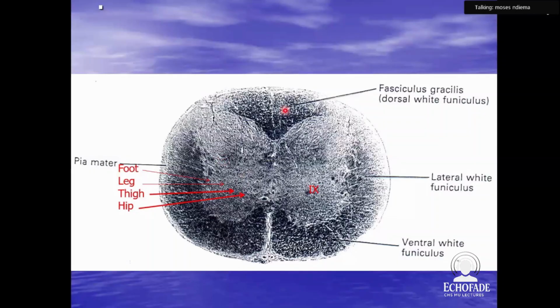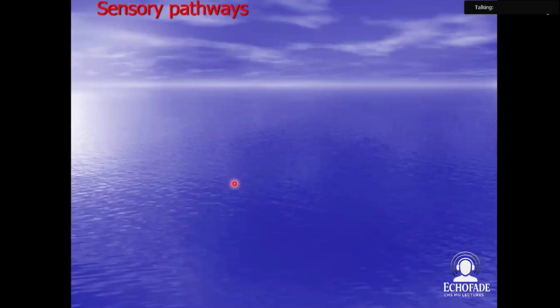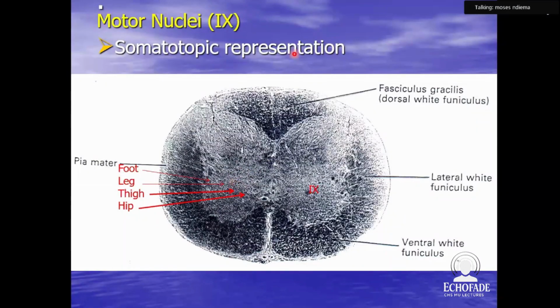This is because every spinal nerve that enters the spinal cord will have an ascending axon that takes the information to the brain. Therefore, as we move from the sacral to the cervical region, we have an additional number of spinal nerves, and therefore a relatively additional amount of white matter. So this is just representing somatotopic representation, which I talked about in terms of mapping of the body.